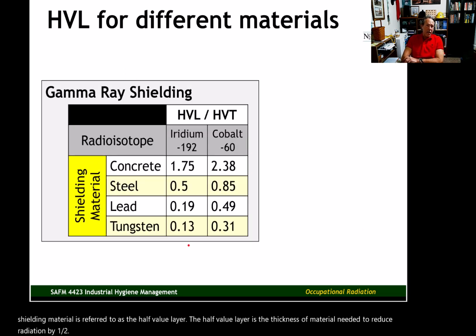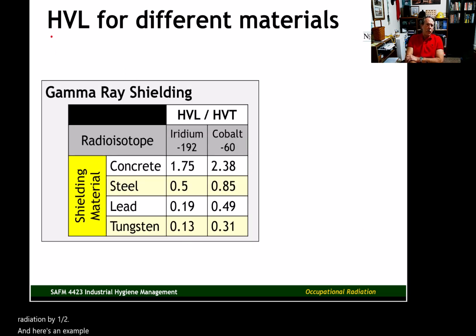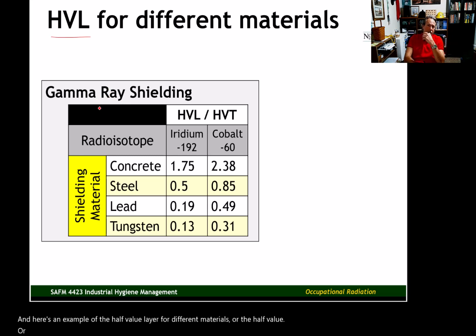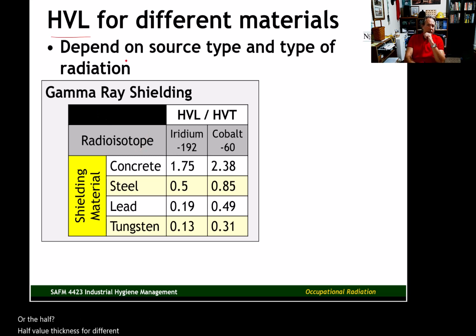And here's an example of the half-value thickness for different materials. Again, it depends on the source of the radiation, the type of the radiation. If we're shielding gamma rays, and we have two different radioisotopes emitting gamma rays, we have radium-192 and cobalt-60.